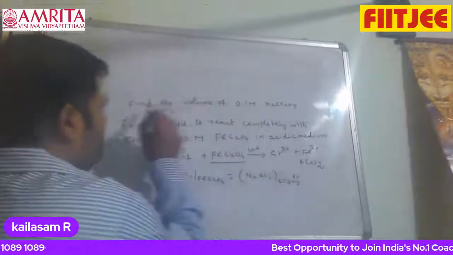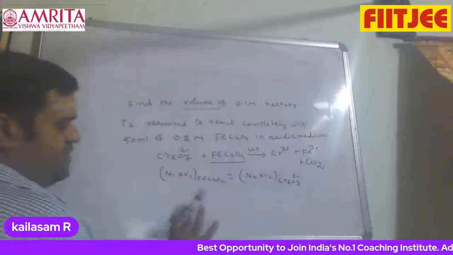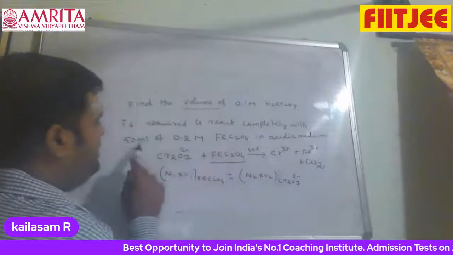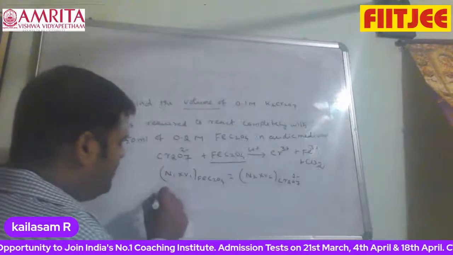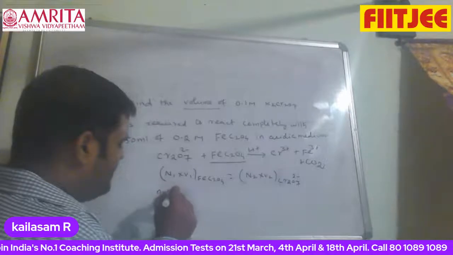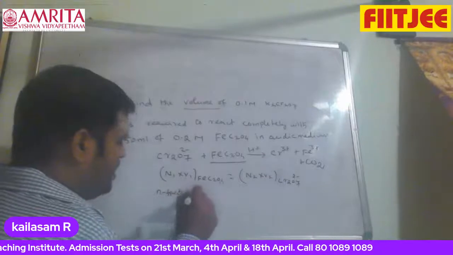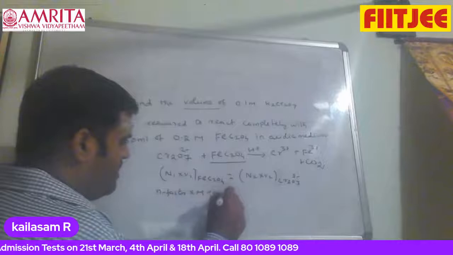What they are asking? Find the volume. So in this, how much they are given? 50 ml of 0.2 molar. Normality is molarity into n factor, so I can write n factor into molarity into volume.